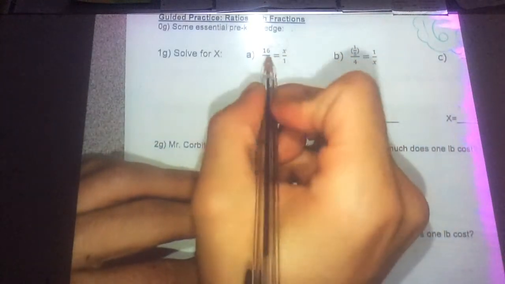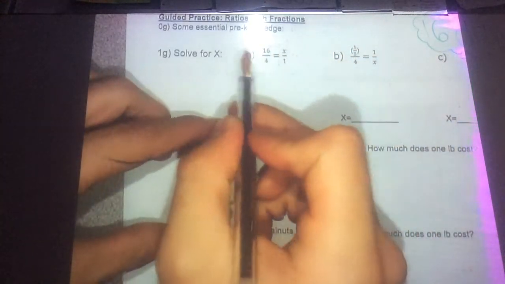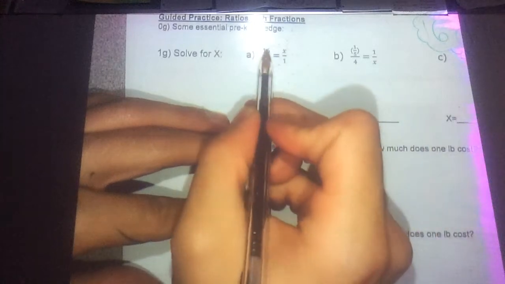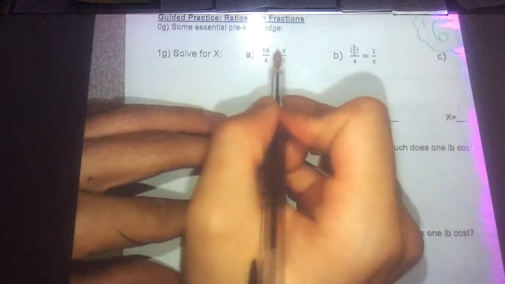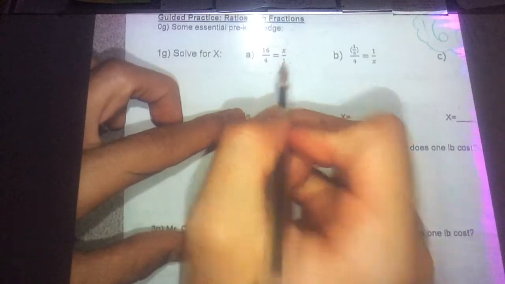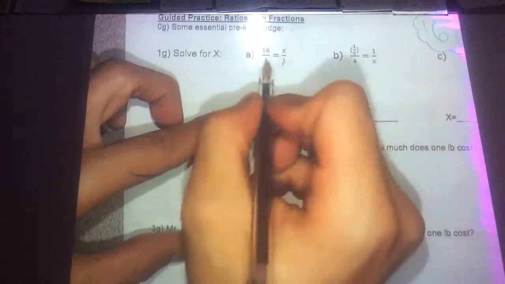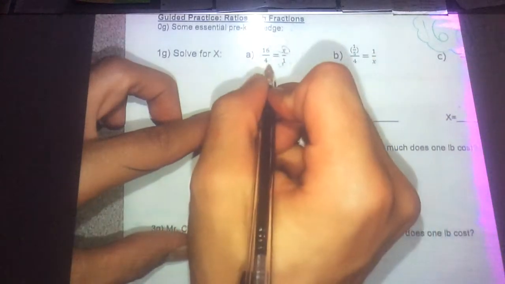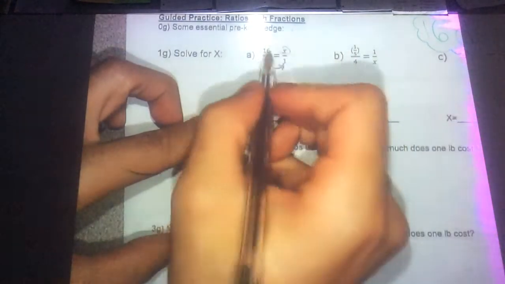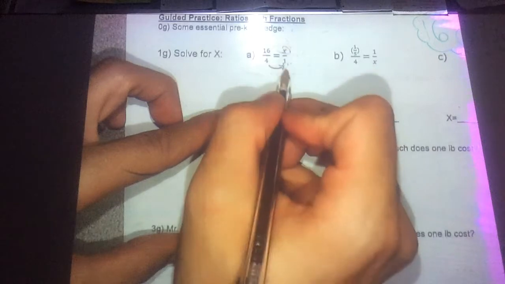Okay, 16. So this really does look like a proportion, right? It looks like $16 over 4 hens or something, I'm not sure, but I need to teach you this skill. There's no units involved, but we do need to figure out how to solve for x in these types of situations. So this 4 right here, to get to the 1, we're going to simplify this fraction to have something over 1.